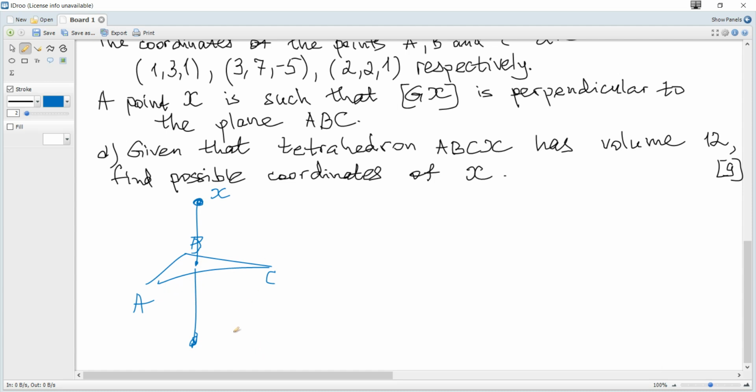Hence you may suggest that there will be 2 solutions for point X. Tetra means 4, hedron means there are 4 faces, and it's actually a pyramid where the base is the triangle ABC, and GX, since it's perpendicular to the base, will be the height. The volume, it is given that it's 12, is 1/3 times the area of the base times the height.